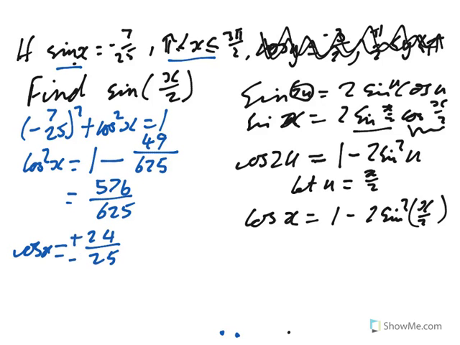We're between pi and 3 pi on 2, so that it is in the third quadrant, and in the third quadrant cos would be negative. Alright, so go back over to here then. So we've got negative 24 on 25 equals 1 minus 2 sine squared x over 2.